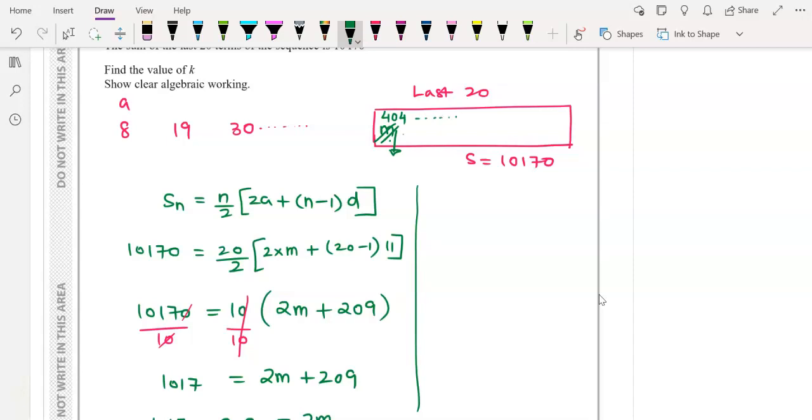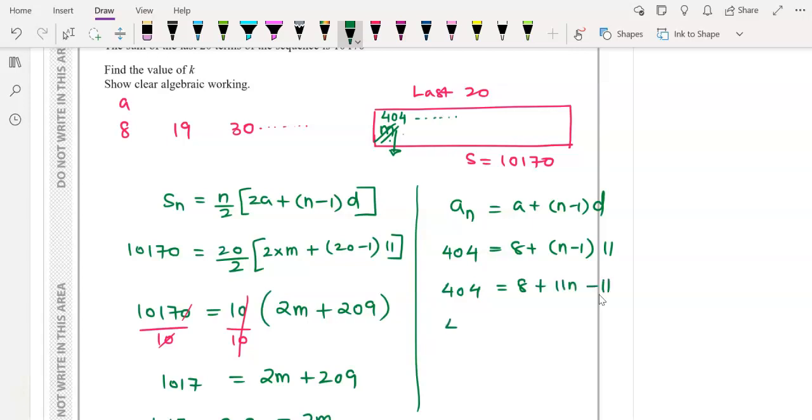For that, we can use the nth term formula. Nth term is a plus n minus 1 into d. So the nth term is 404. The first term of the actual sequence is 8. We don't know what n is. The difference is 11. So 404 equal to 8 plus 11n minus 11. So 404 is 11n, 8 minus 11 is negative 3. Add 3 to both sides.